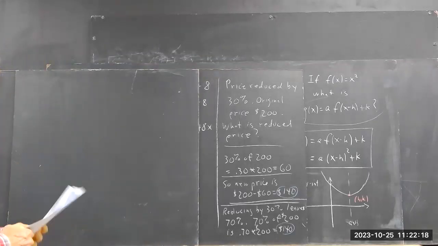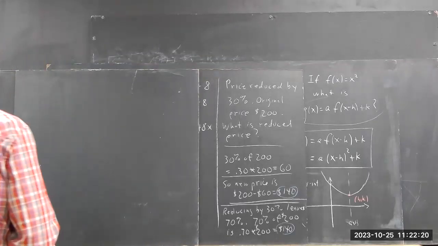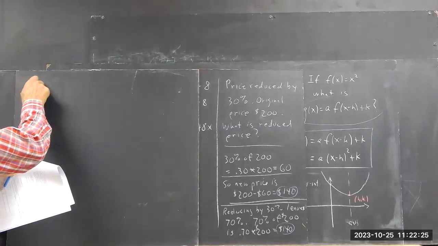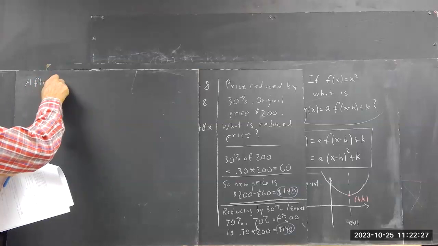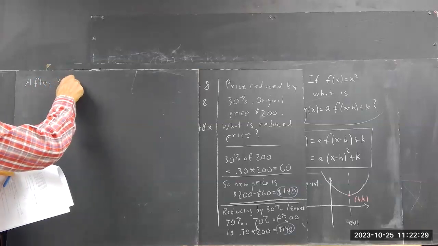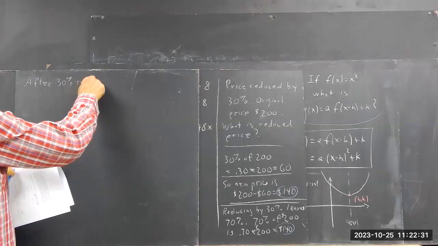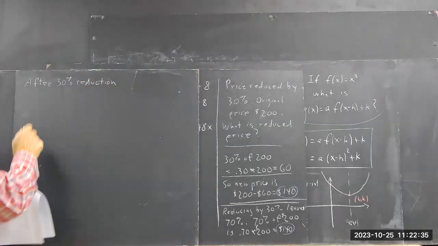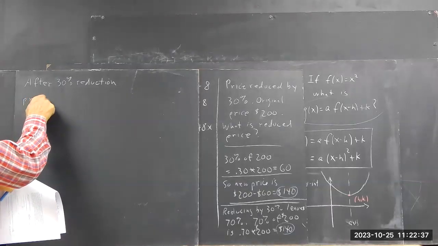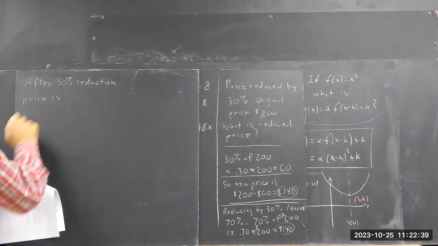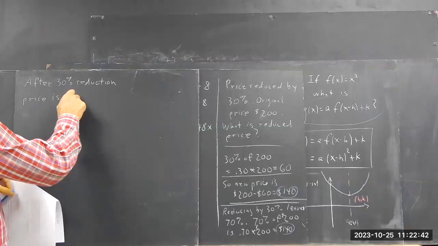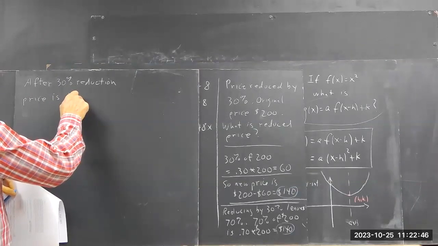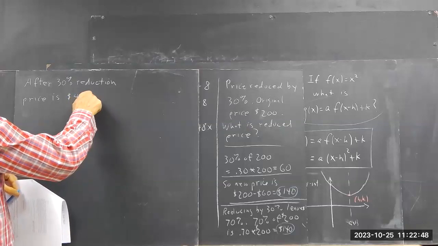It might be: after 30% reduction, price is, let's say, $400.